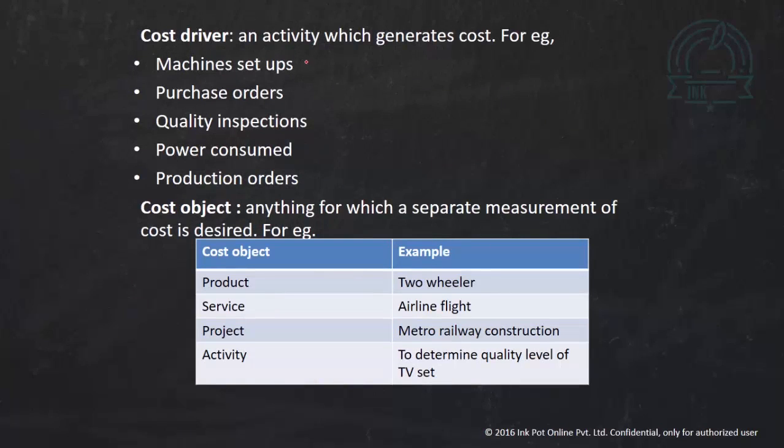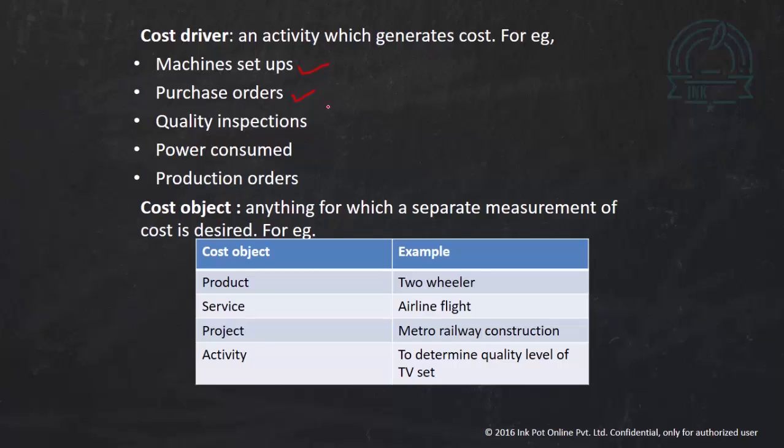Next is cost driver. Cost driver is something which influences or generates the cost. The more machine setups we have, the more will be the cost, so it is going to influence the total cost of a product. With more purchase orders, the cost of raw material per unit may decrease.